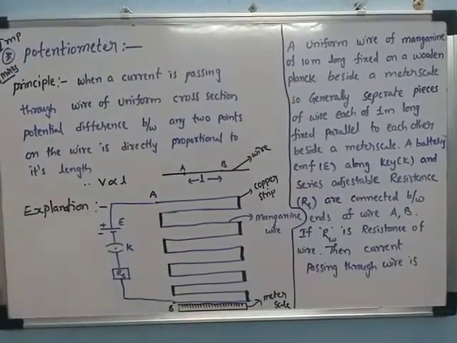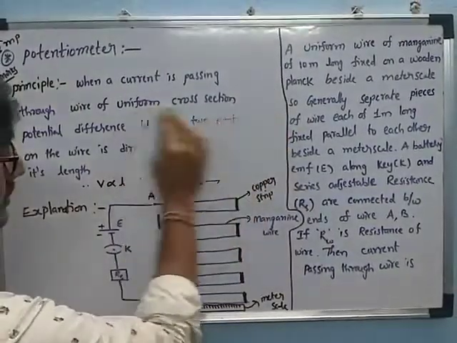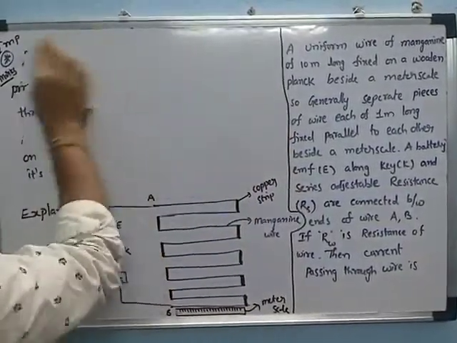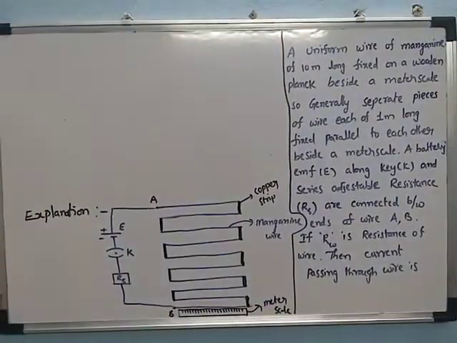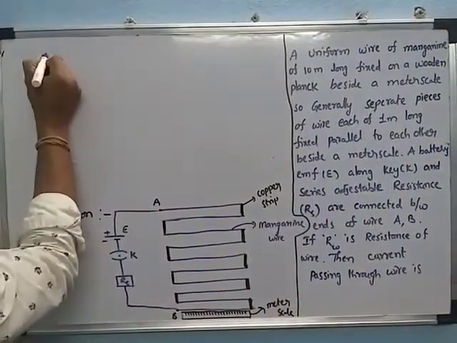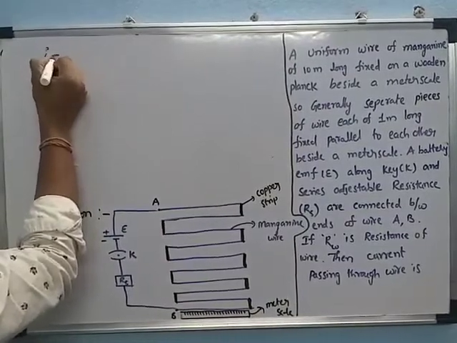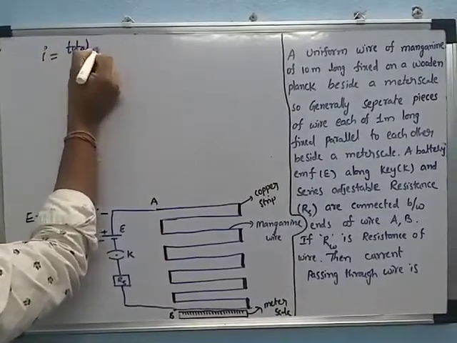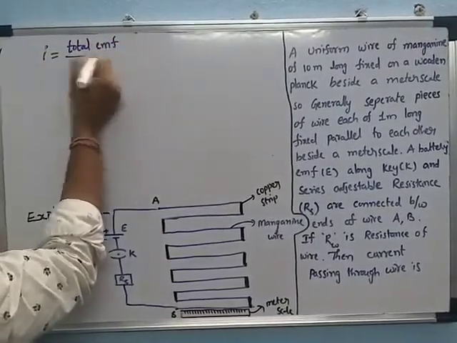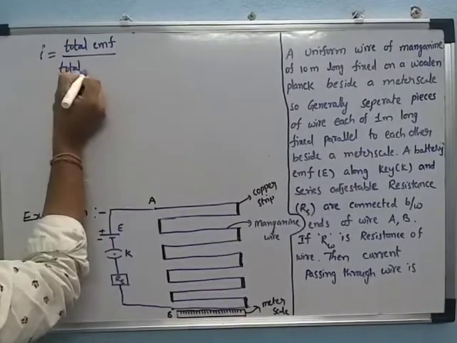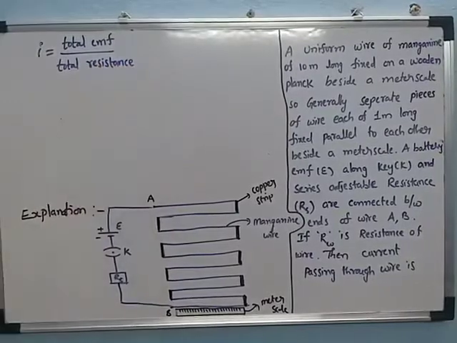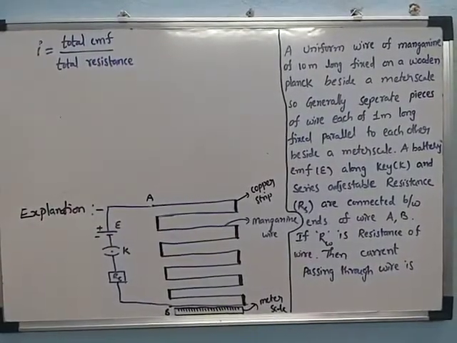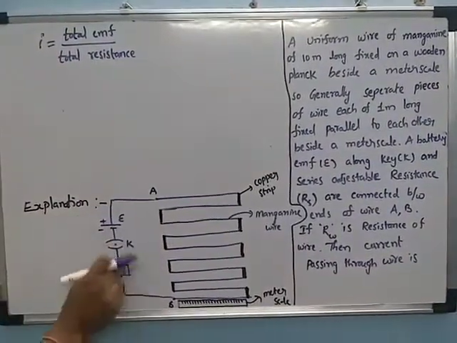Now, the current passing through the wire. What is the formula for the current? The current I is equal to total EMF by total resistance. Now in this circuit, how many EMFs are there?